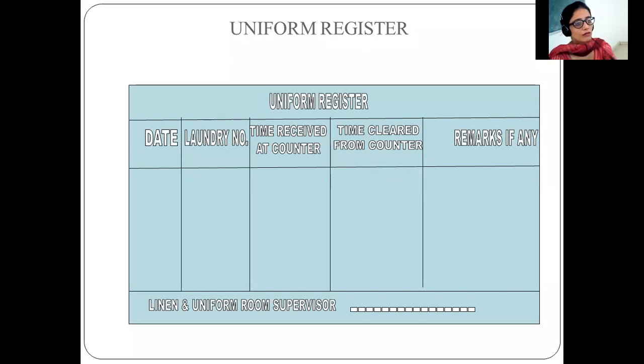So that we can count at what time we receive the laundry at the counter and the time cleared from the counter. So we have to mention it over here, and the linen and uniform room supervisor has to sign here, right?